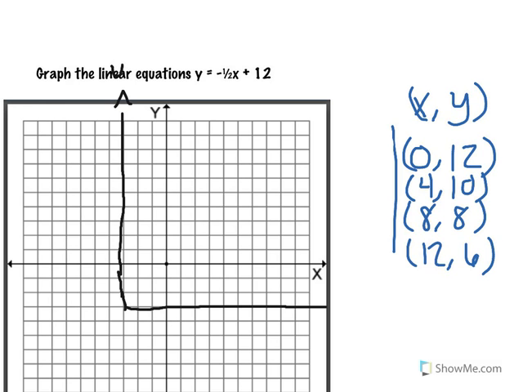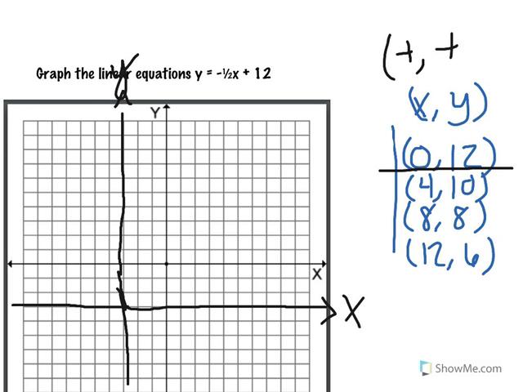So now this is my y-axis, this is my new x-axis. Now, all my points are positive, positive. So I'm only going to be using this quadrant 1 here.